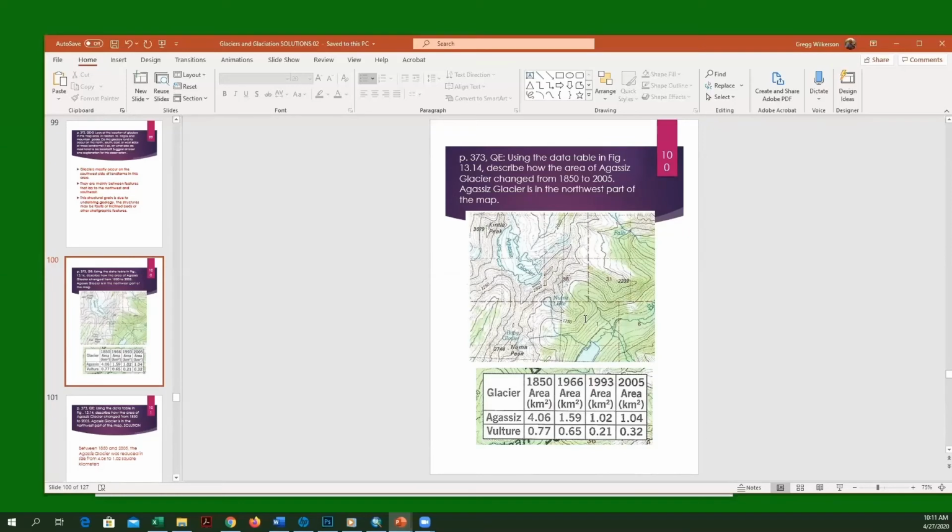So going down to E, we got another data table for this glacier. The glacier's in the northeast part of the map. So here's this glacier right there.